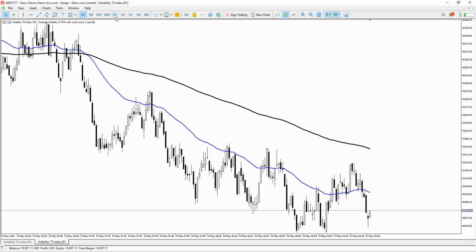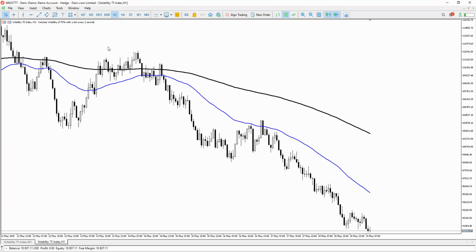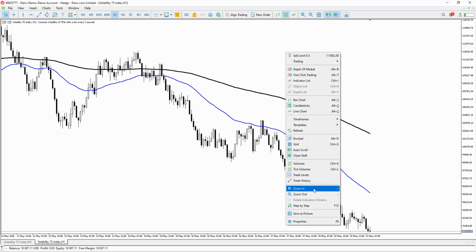The moving averages we use are the 200 period exponential and the 50 period exponential. Basically, it's similar to how we use the moving averages on gold, but this is used a little bit differently. Now, basically, we focus on the crossovers as well.